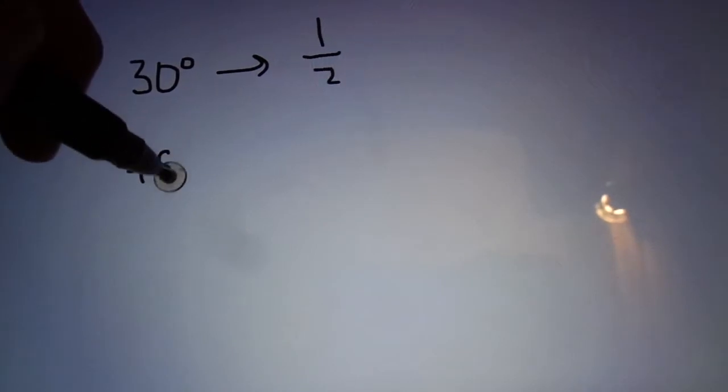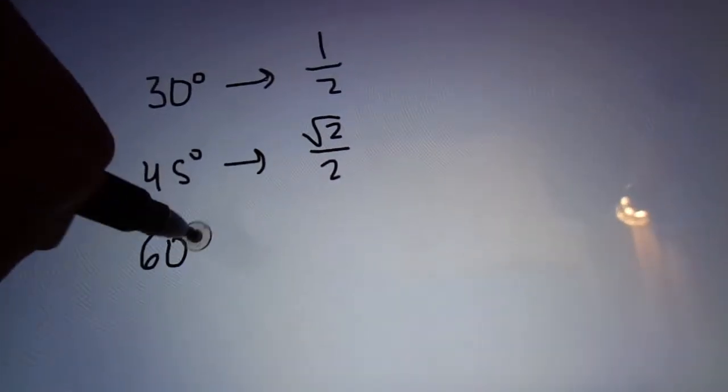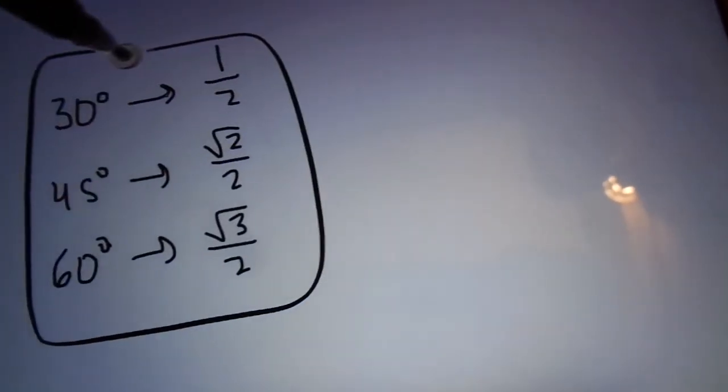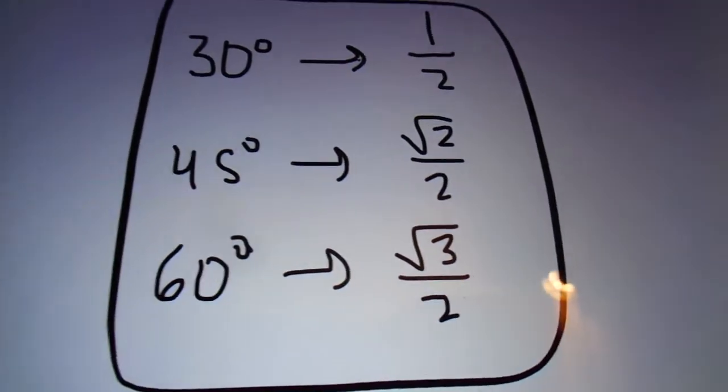Across from a 45-degree angle is always a side of square root of 2 over 2. And a 60-degree angle has a side of square root of 3 over 2. These are the three angles and what sides they are. That's something to remember.